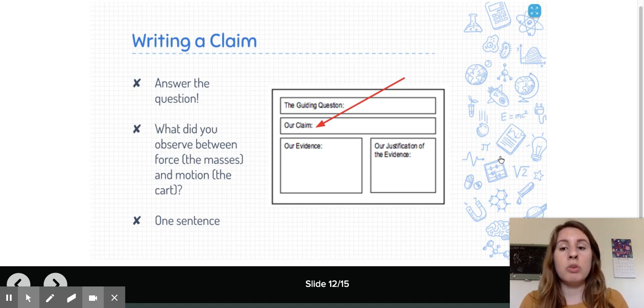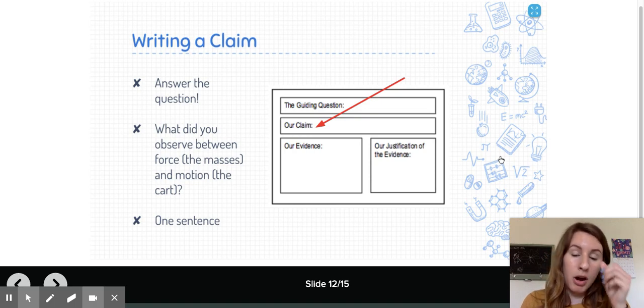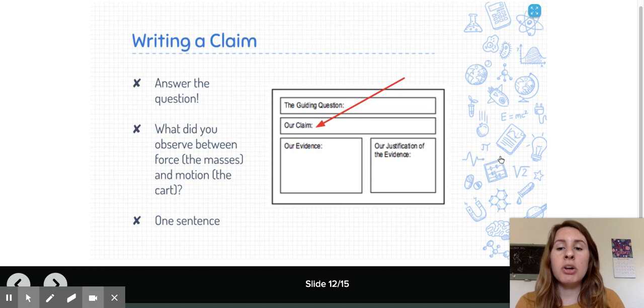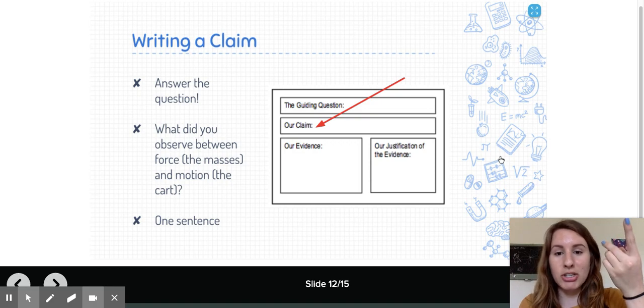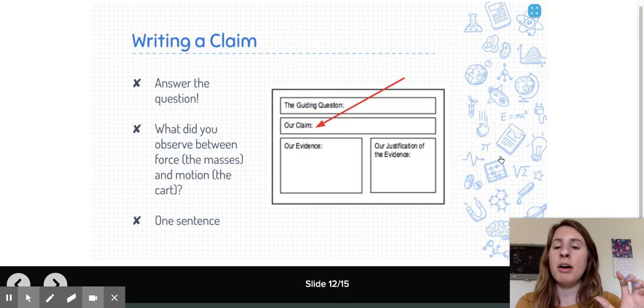So you need to mention mass, force, and then the motion of the car, which was measured through acceleration. I think those are the key points: mass, force, and acceleration.